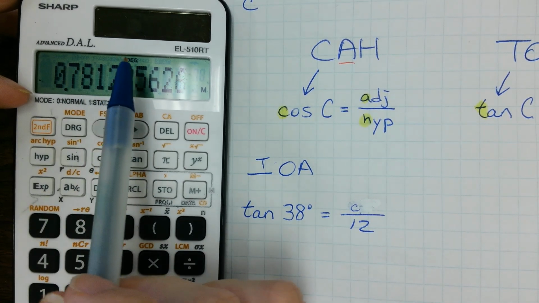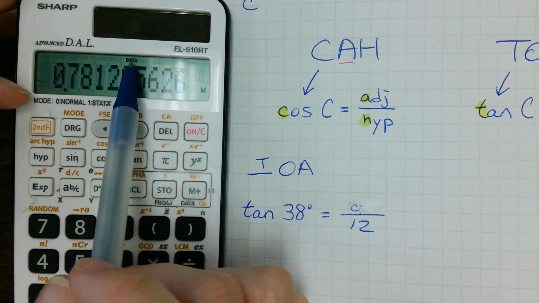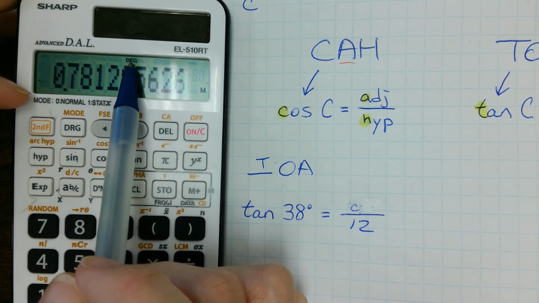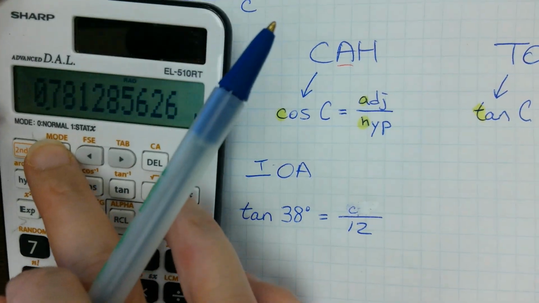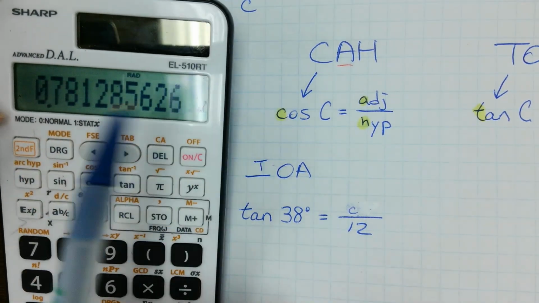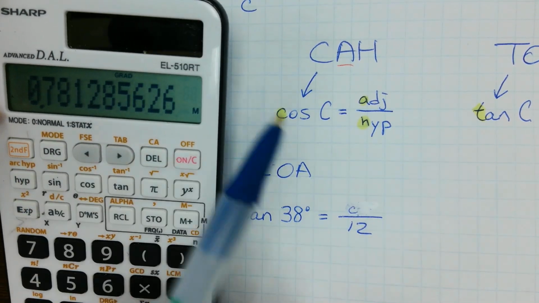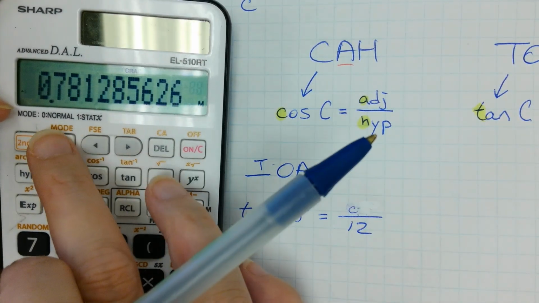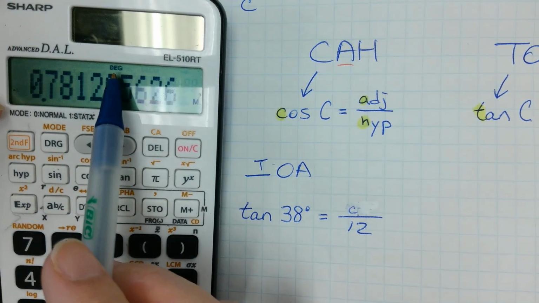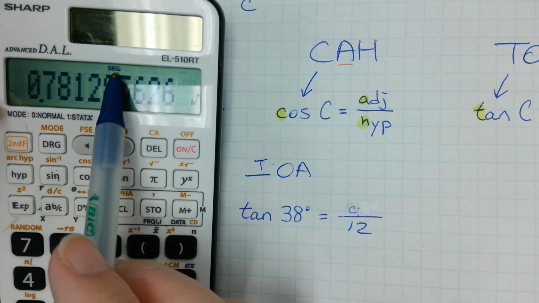All right. Take a look at your calculator. Do you see DEG on the top or a D button? Does it say RAD? Or does it say GRAD? You have to make sure your calculator is in degree mode.